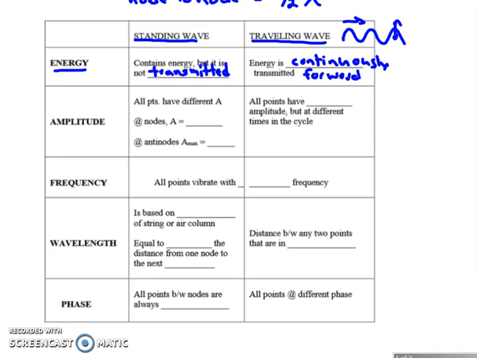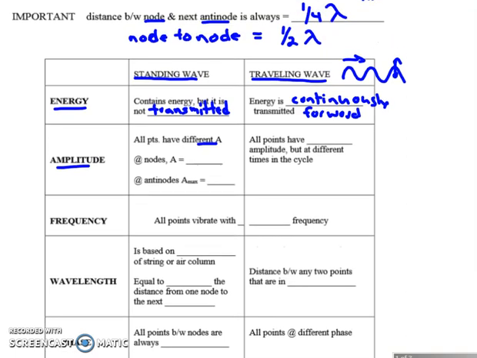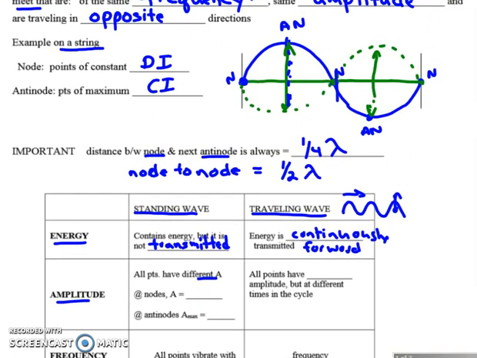Okay, amplitude. We talked about that. In a standing wave, all points on the medium always are at a different amplitude. If I go back up to here, this point right here is always going to be somewhere between here and here. Whereas if I choose a point, let's say right there, it's always going to be a smaller amplitude.